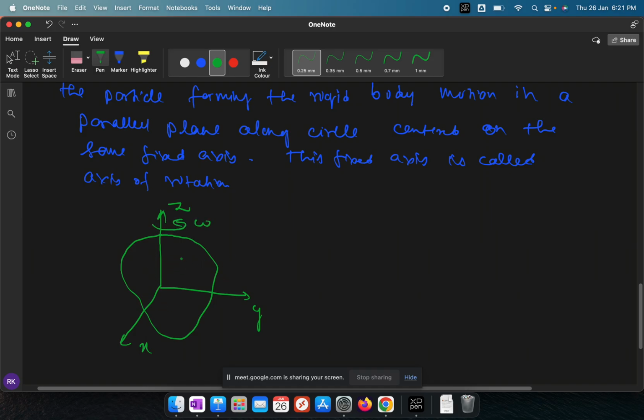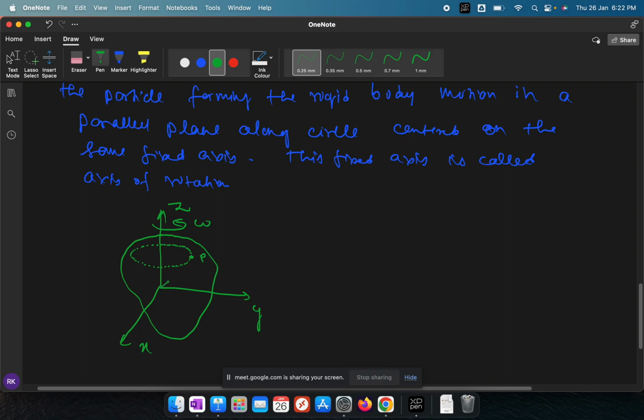Now consider a point P. When this rigid body rotates, this particle P will make a circular motion about this plane, and this axis will be called the axis of rotation.